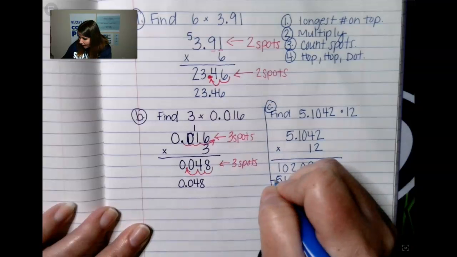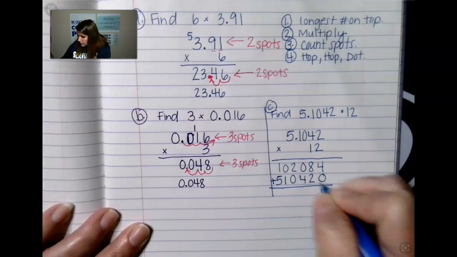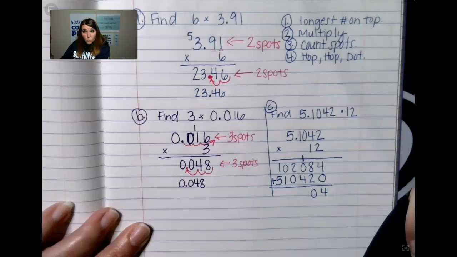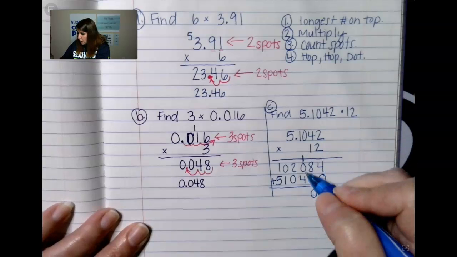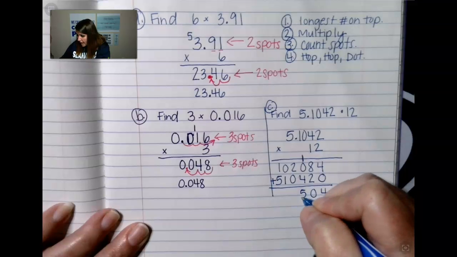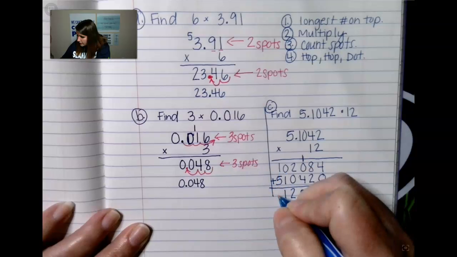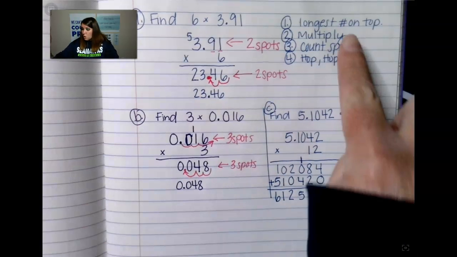Now we're going to add, going down: 4, 10, carry your 1. Do not forget about that 1 up top. He is important too. 4 plus 1 is 5. 2, 1, 6.